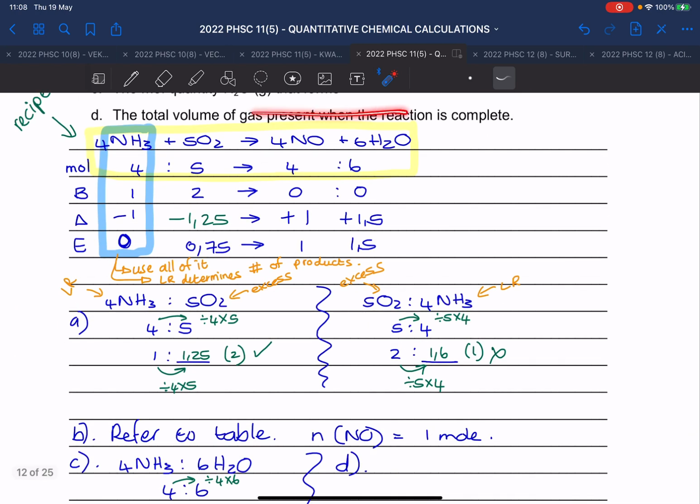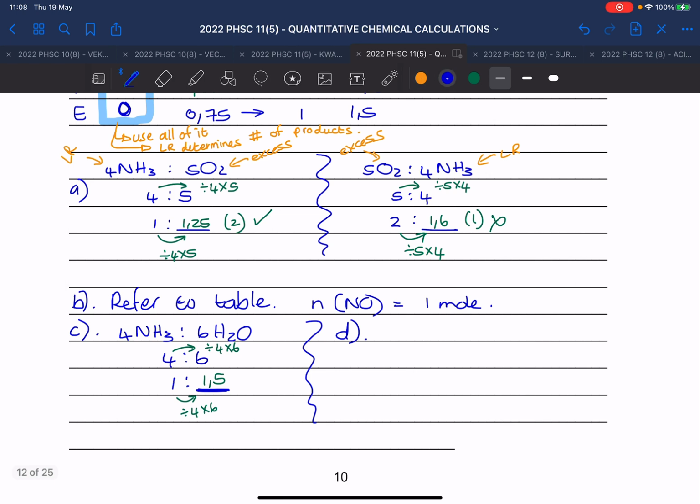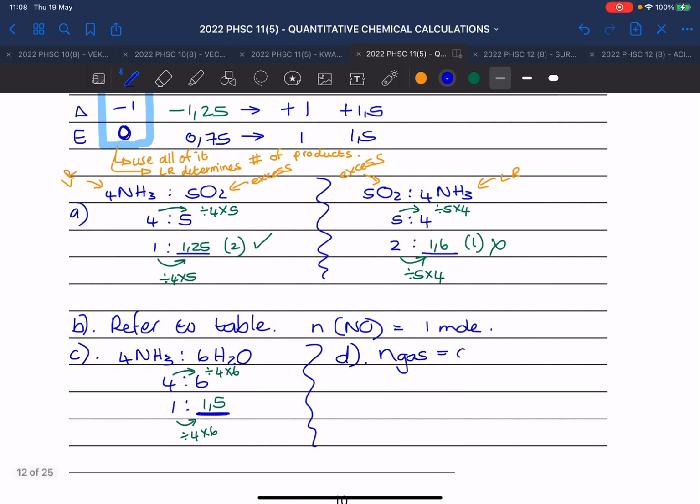Now, in our mole table, we have already determined we have so much mole left of this, we gain so much, we gain so much. So I can get the total mole of gas at the end. I can write here, the mole of gas will be 0.75 plus 1 plus 1.5.